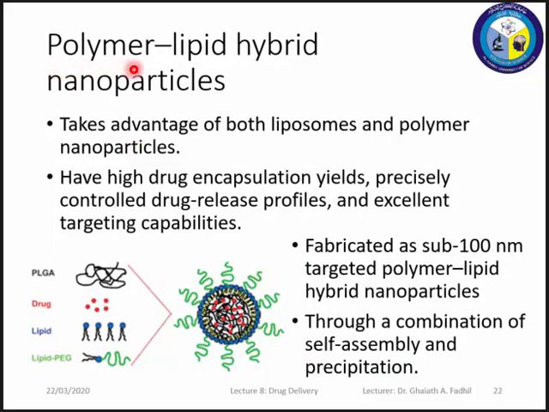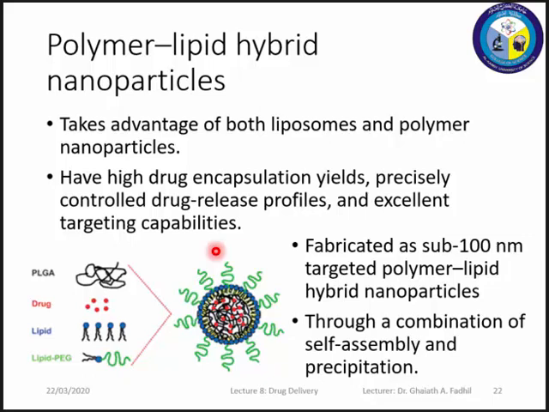The other type is the polymer-lipid hybrid nanoparticles. It takes advantage of both liposomes and polymer nanoparticles. So we have the liposome and the polymer, and they have high yields of drug encapsulation and are very efficient in the controlled drug release.